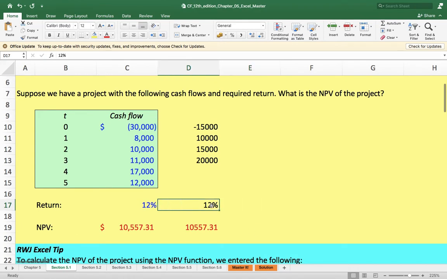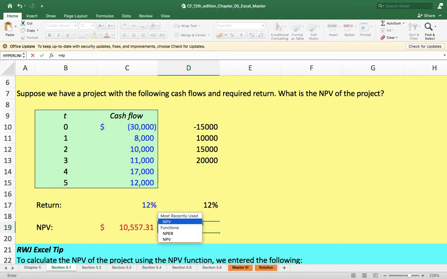First, enter the percentage as the cost of capital. Then the range of cash flows from year 1: 10,000, 15,000, 20,000. Then use the NPV formula. It is equal to NPV. There is a direct formula called NPV. The first requirement is to enter the cost of capital, that is 12%.